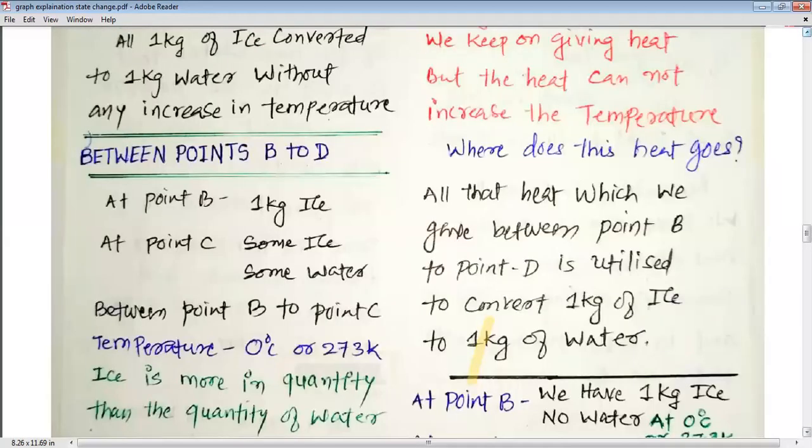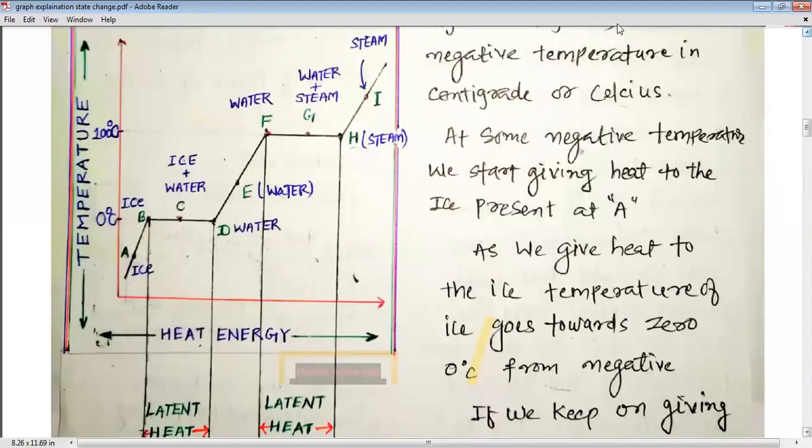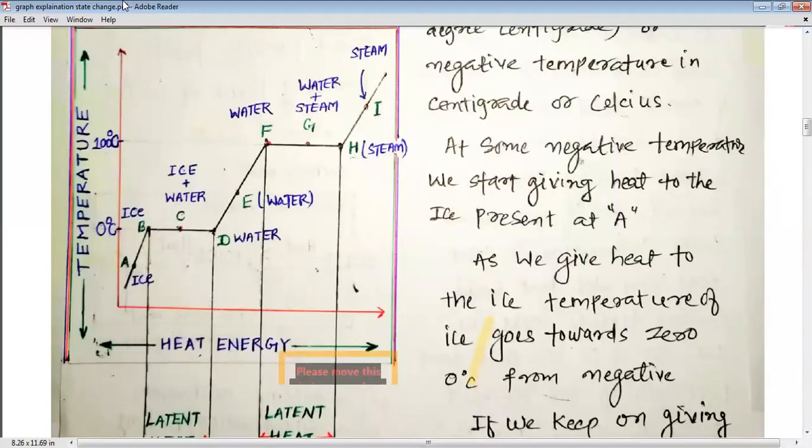Remember, my dear students, it is wonderful to note here that we have various points. These various points have the same temperature, but these points are different. At point B we have only ice, and point B is called the melting point of ice. We have point D where we have 1 kg of water.